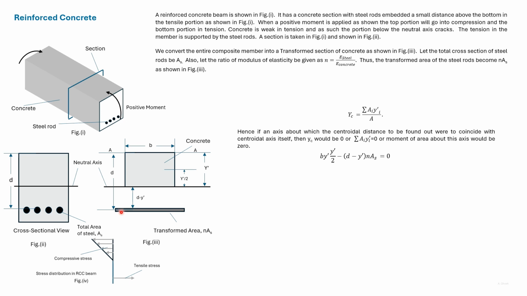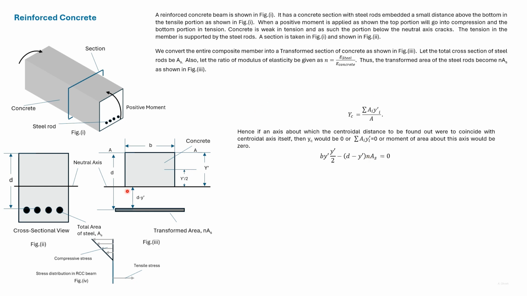So the moment is nAs into d minus y dash, which is given here. And since Yc is 0, the total here is 0. This expression gives a quadratic equation of y dash.